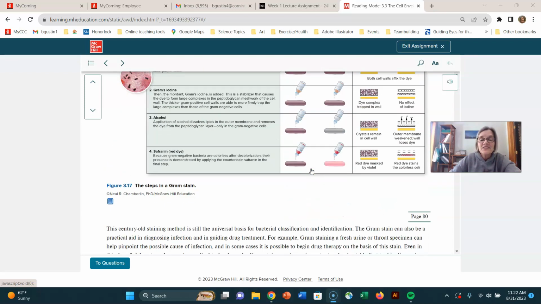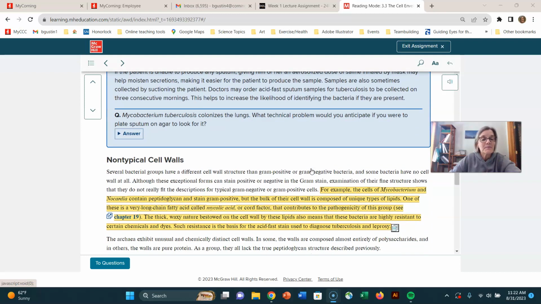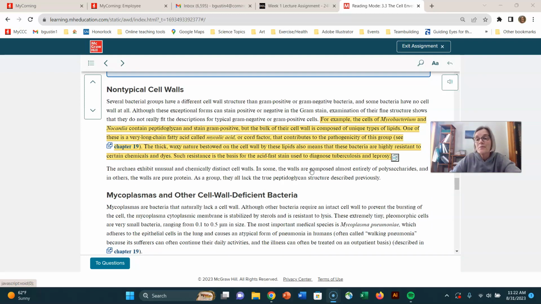One of the things I always like to remind you about bacteria is every time I tell you something, there's probably an exception. There's so much variety in bacteria. So here I have one exception. It says non-typical cell walls. Well, it turns out some bacteria don't have cell walls, and they're totally different. They have other ways to protect themselves from osmotic pressure. But one I wanted to talk about was one that has what we call an acid-fast wall.